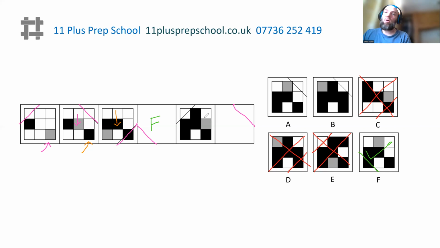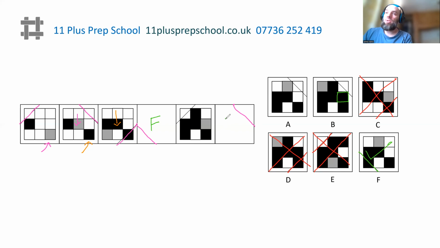The gray square is indeed predicting where the next black square will be in the next series figure. So we can just move along to figure number 5 and find out where our gray square is. It's in the rightmost position of the middle row. So we know that in our answer option, the rightmost square of the middle row will be black. As we can see, it is answer option B which satisfies that requirement.